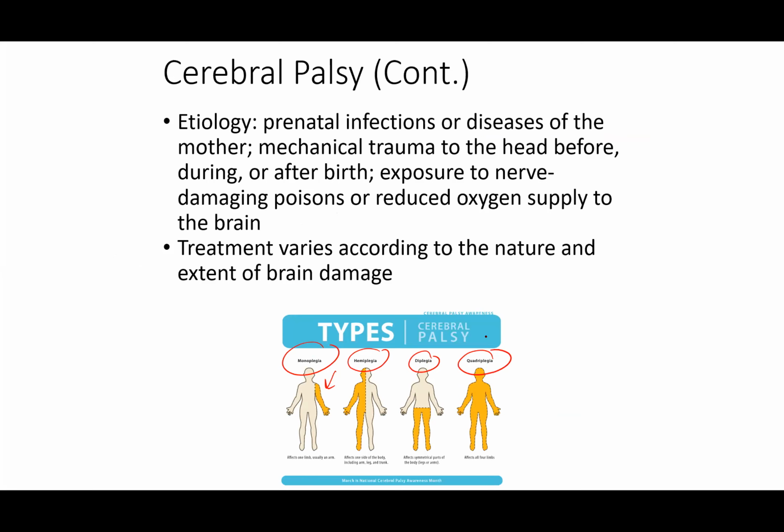So the types of paralysis vary depending on how much oxygen deprivation they had in the different parts of the brain that were hurt. Okay, other things can cause it too: mechanical trauma can cause it, poisons and toxins can cause it.